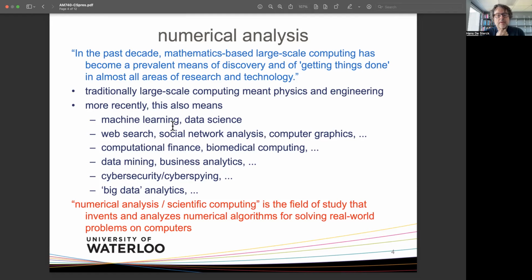Also web search, social network analysis, computer graphics, computational finance, biomedical computing, data mining, business analytics, cybersecurity, big data analytics, and so on. Numerical analysis, sometimes also called scientific computing, is the field of study that invents and analyzes numerical algorithms for solving real-world problems on computers.